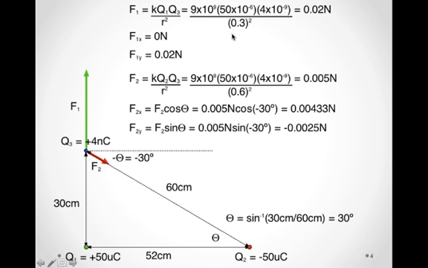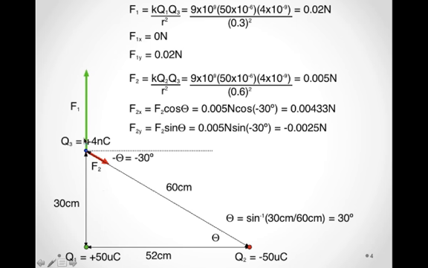And then that's divided by the 0.3 meters squared. So we converted this 30 centimeters into 0.3 meters in this Coulomb's law equation. And after multiplying all that and dividing by the square of 0.3, we get 0.02 newtons. So this force is 0.02 newtons long.